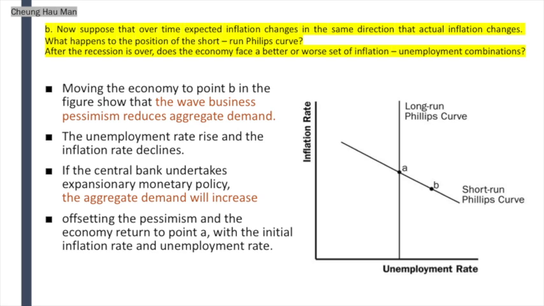The unemployment rate rises and the inflation rate declines. If the central bank undertakes expansionary monetary policy, aggregate demand will increase, offsetting the pessimism, and the economy returns to point A, with the initial inflation rate and employment rate.